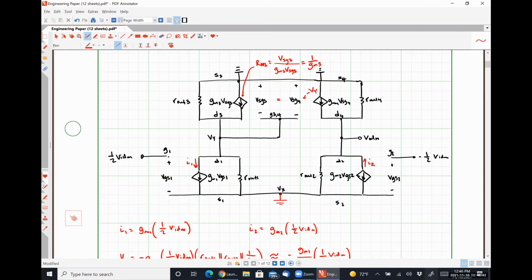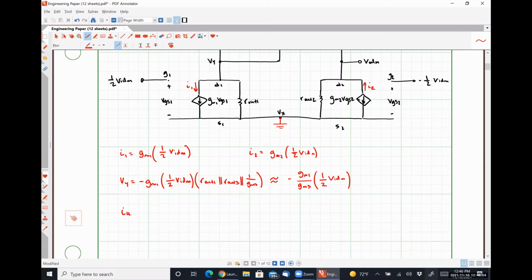So we can say that the current flowing here, I4, is GM4 times negative VY, which is going to be negative GM4 multiplied by negative GM1 over GM3 multiplied by 1/2 VIDM.